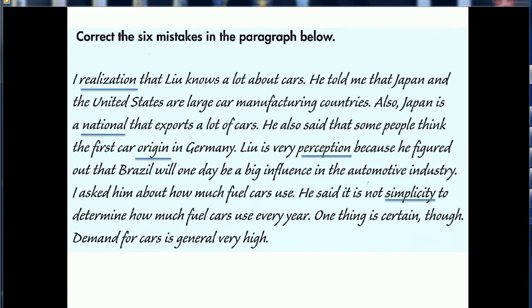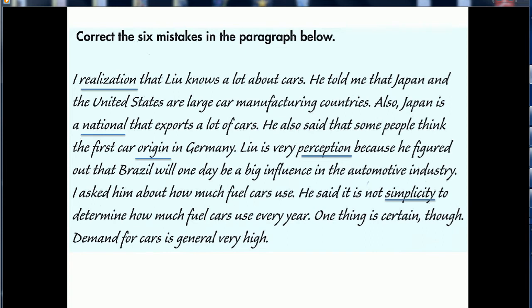One thing is certain, though demand for cars is generally very high. So far we have realization, the first mistake, national, the second mistake, origin, the third mistake, perception, the fourth mistake, and the fifth mistake is simplicity. And I wonder if you find the sixth mistake.